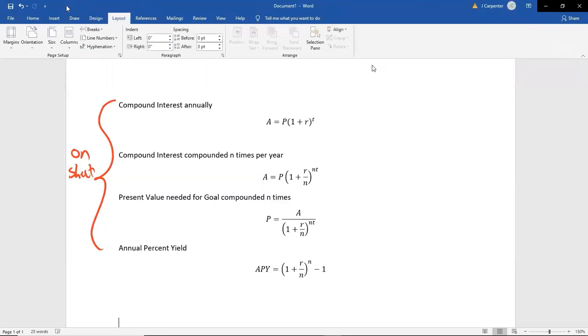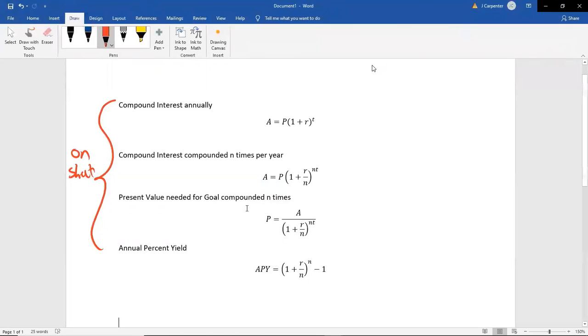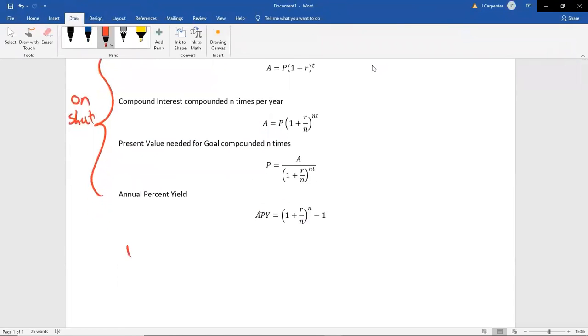But then we also had that one formula from 6.2 that was to convert. You know what, I don't need to spell that out. Between the continuous rate and annual rate, APR.